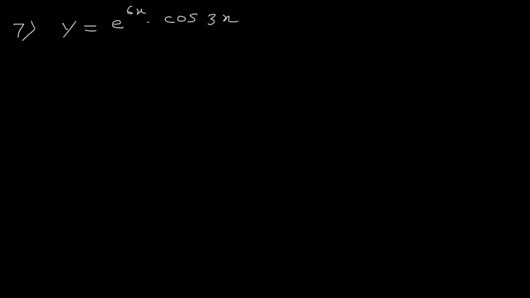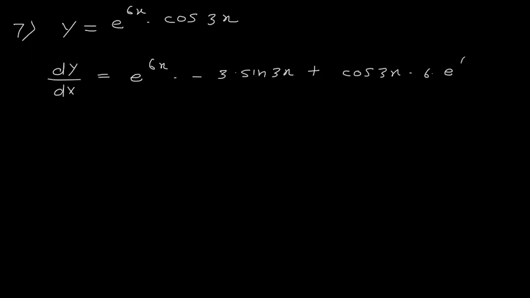We have y is equal to e power 6x into cos 3x. So here we differentiate, we get dy upon dx is equal to e power 6x into the derivative of cos 3x, which is minus 3 into sin 3x, plus we will write cos 3x and the derivative of e power 6x, which is 6 into e power 6x.